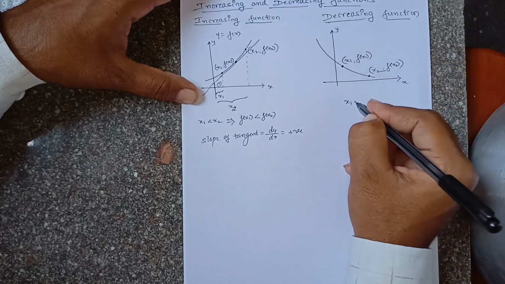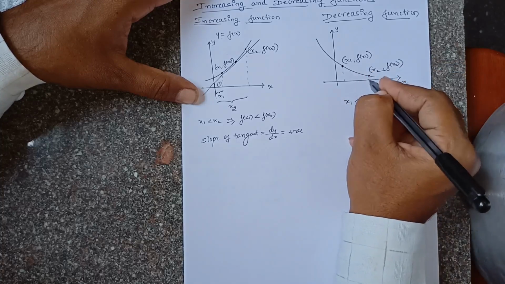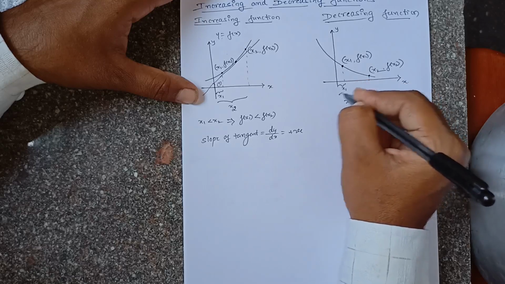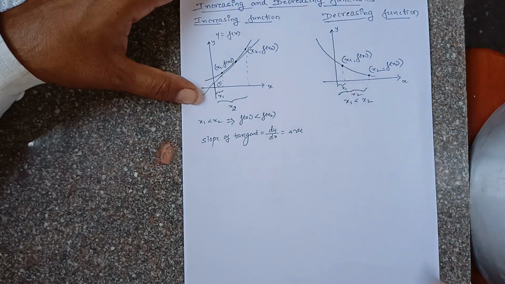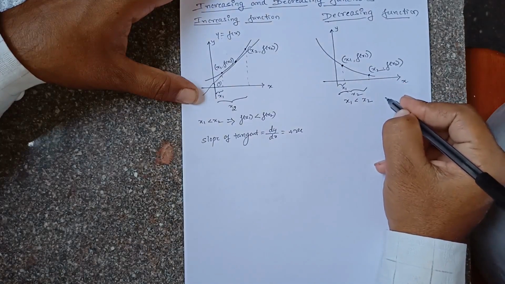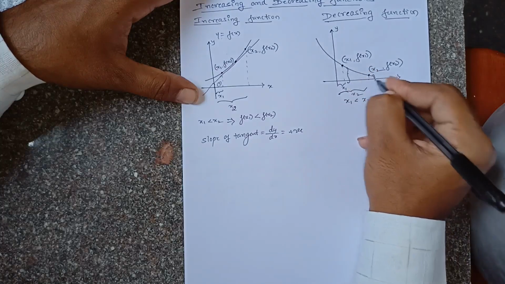Here obviously you are observing x1 is less than x2. x1 is this distance, perpendicular distance from y axis, and also here is x2. x1 is less than x2 here. And what about the f of x1 and f of x2? But here you observe f of x1 is this one, f of x2 is this one.